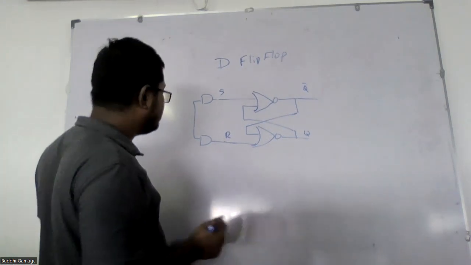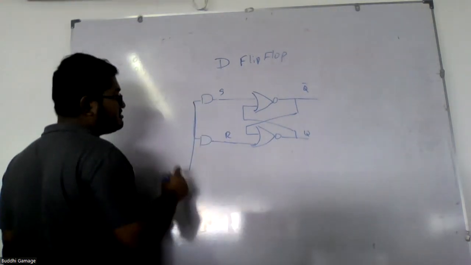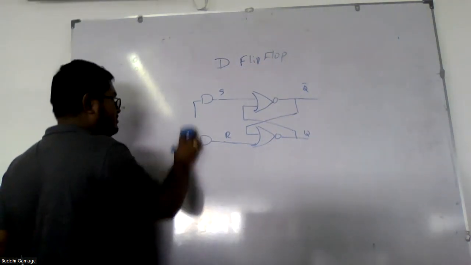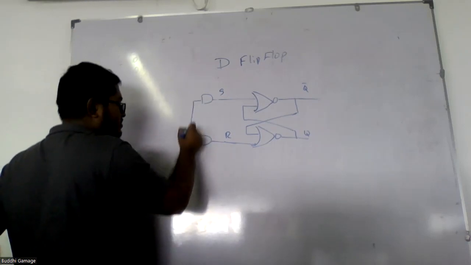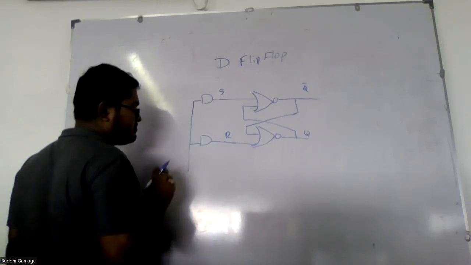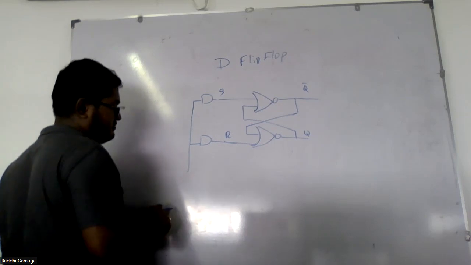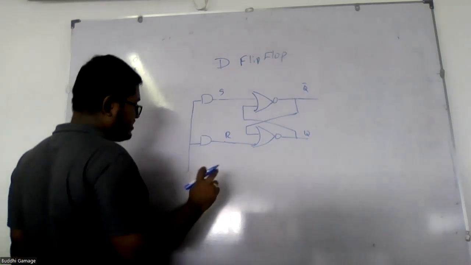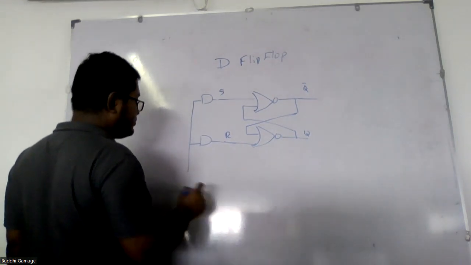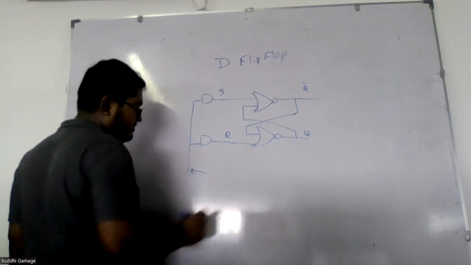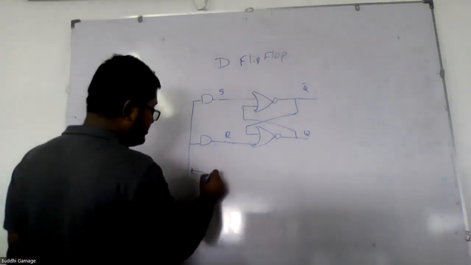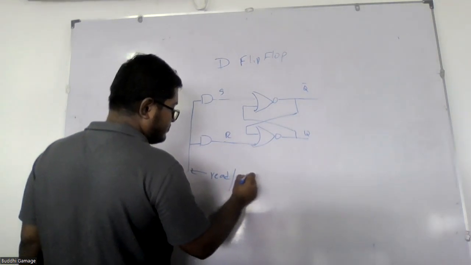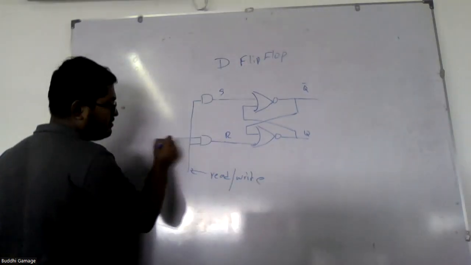The major difference is for this particular gate. This particular gate actually doesn't have a clock. The flip-flop doesn't have a clock, and this is where we apply the clock signal. So this particular line will match the read-write line or read-write signal, right?